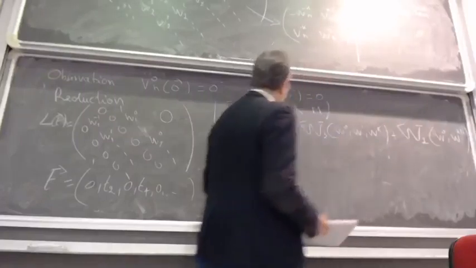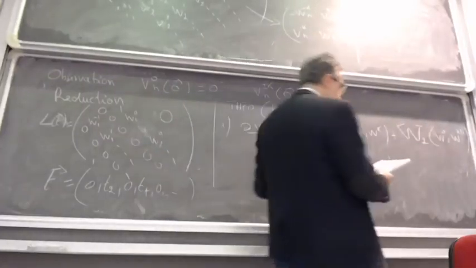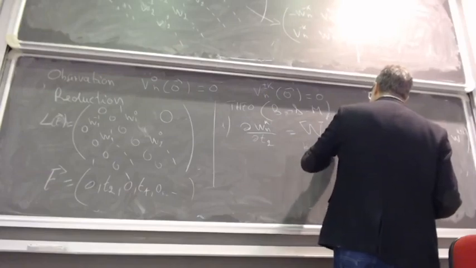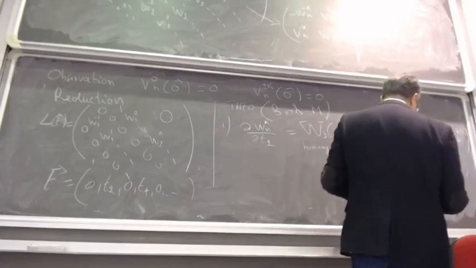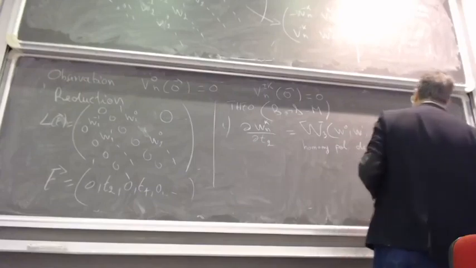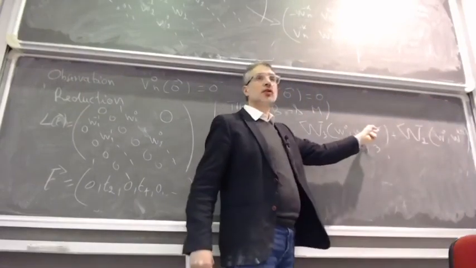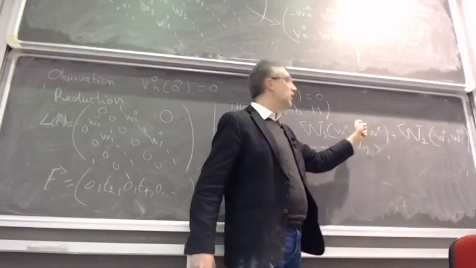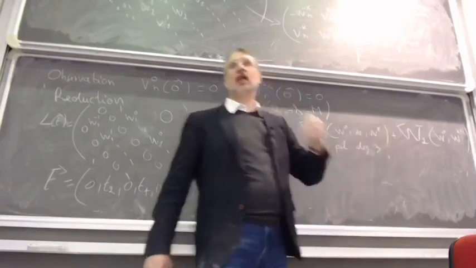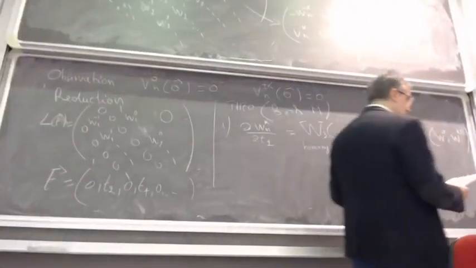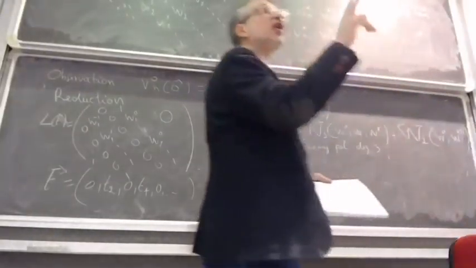So, what is W3? W3 is a homogeneous polynomial of degree 3 in these variables. I specified only the upper indices, 0, 1, k, and this involves all lower indices. I don't specify them just for shortness. It's a function of 3 variables.